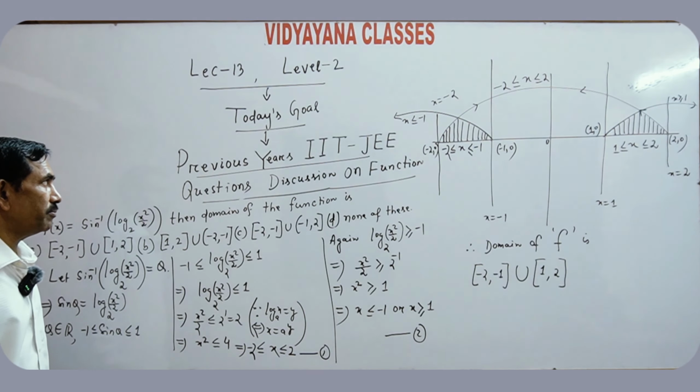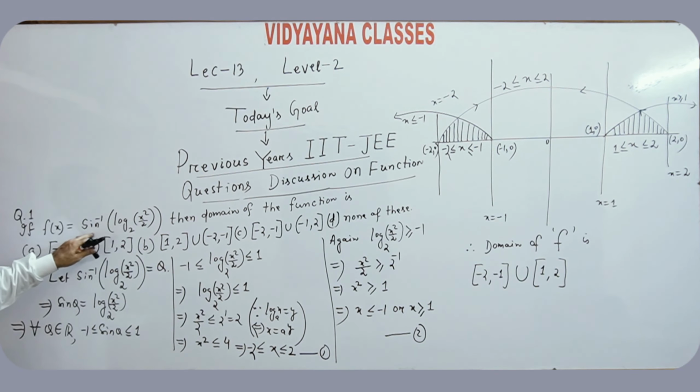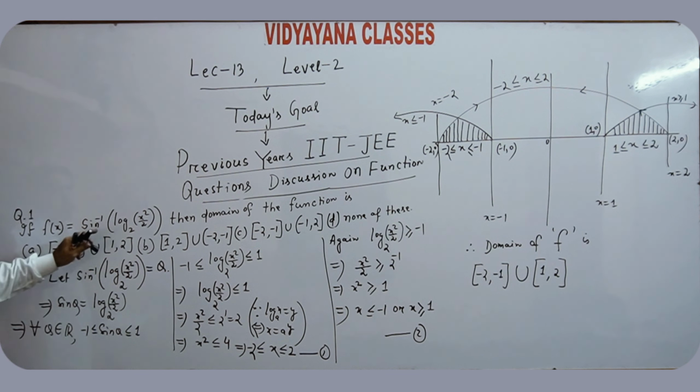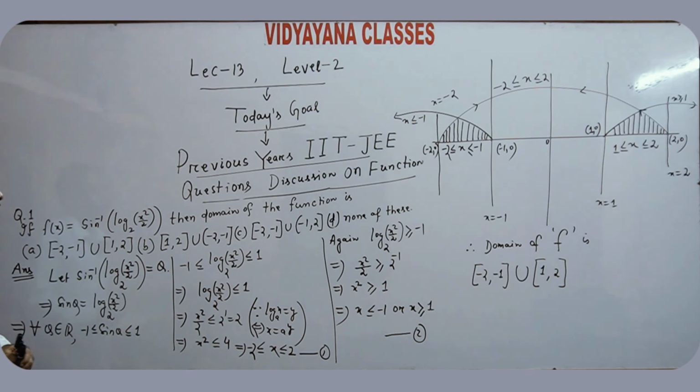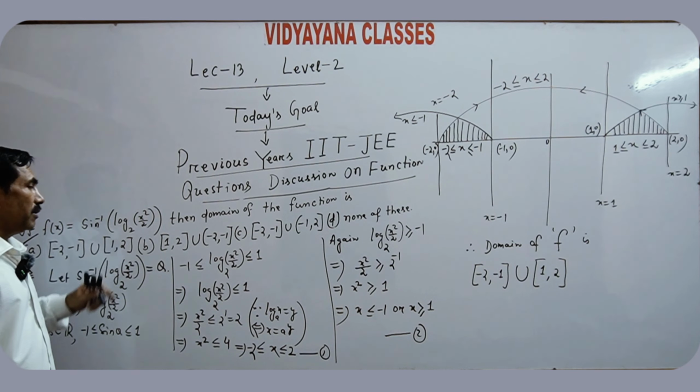The common region represents the domain of the composite function sin inverse log x squared by 2 with base 2. So the correct option is A, that means closed bracket minus 2, minus 1 union closed bracket 1, 2.